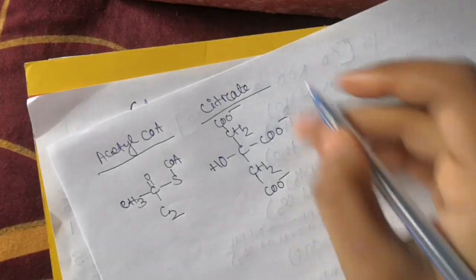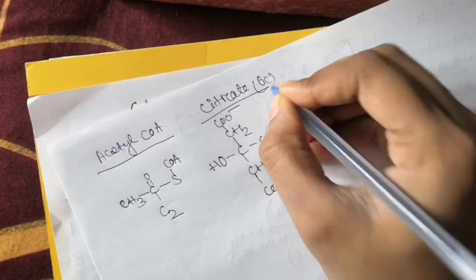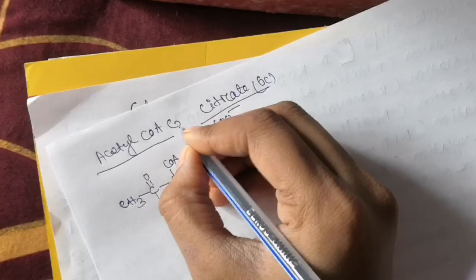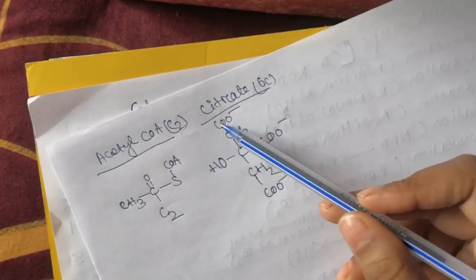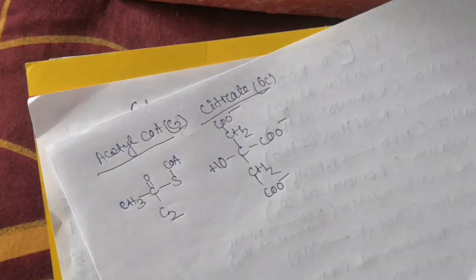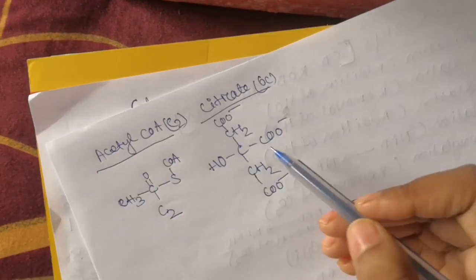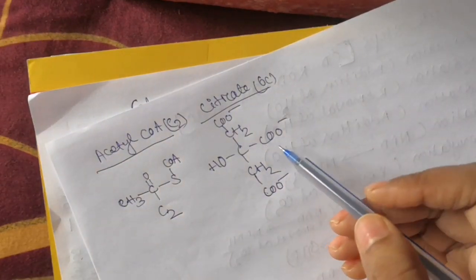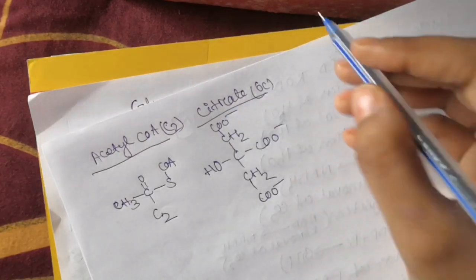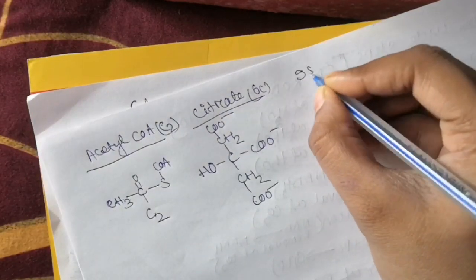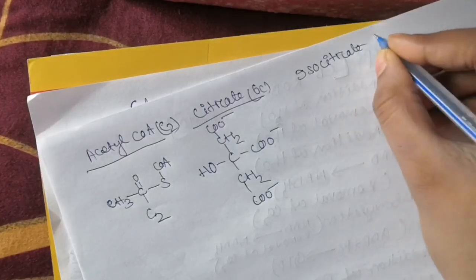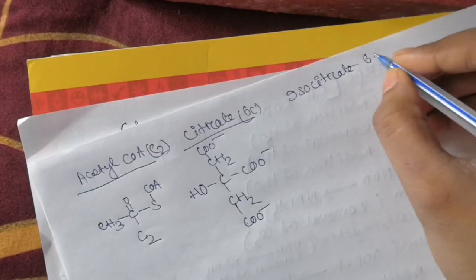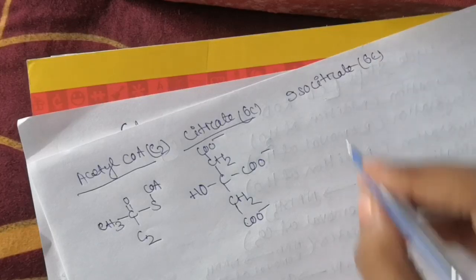Citrate is 6 carbon: the C2 is 2 carbon, then 1, 2, 3, 4, 5, 6. Citrate is 6 carbon. Next is isocitrate, which is also 6 carbon.